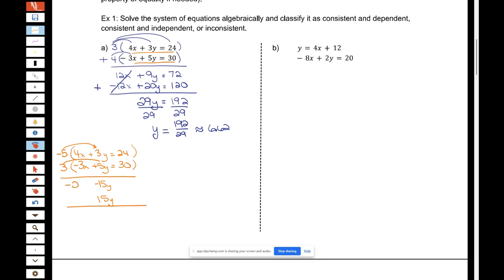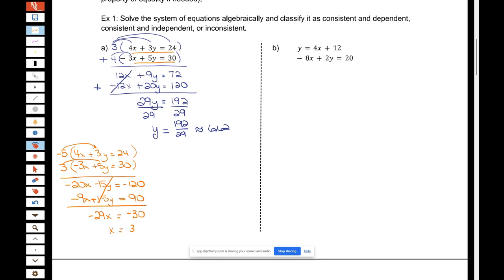Now I have to finish distributing. Okay, so my y's cancel. I have negative 29x equals negative 30.